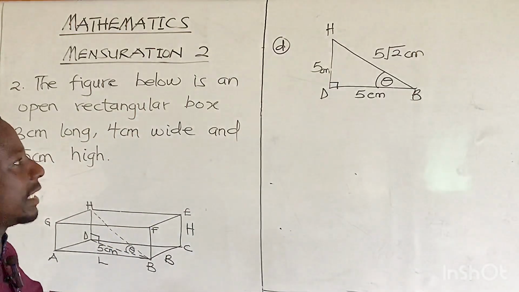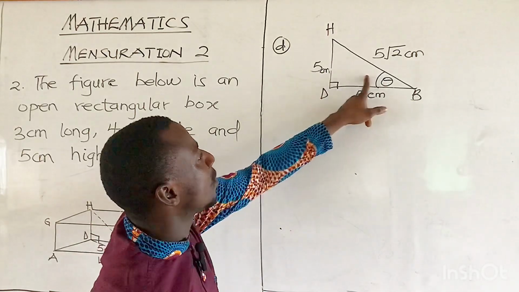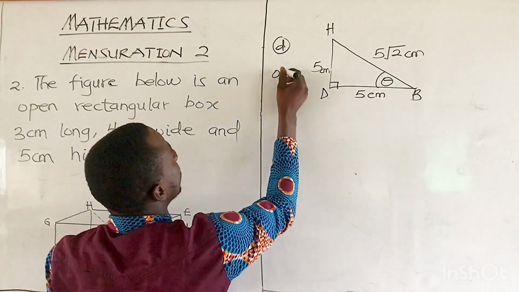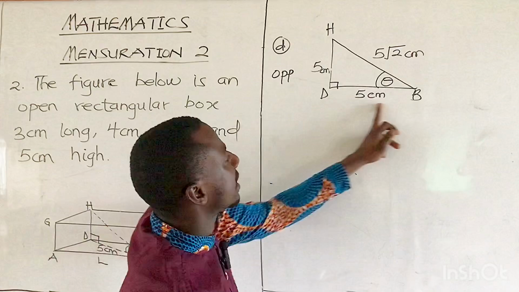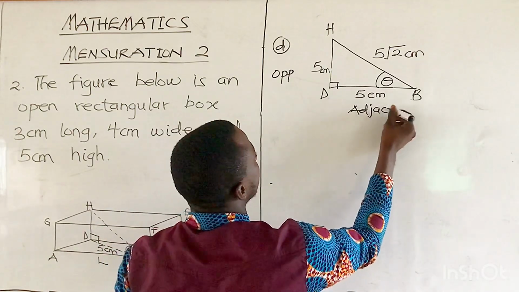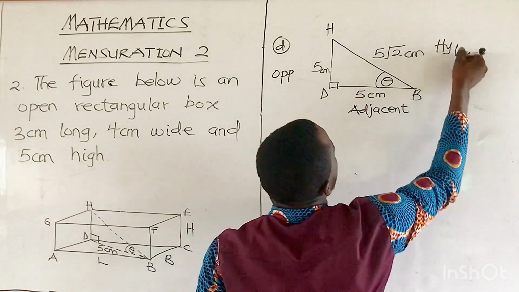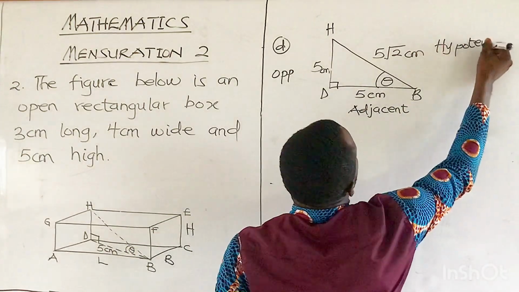Now in that case, we know that this side is opposite of the angle. So this is opposite. This side is the adjacent. Then this side, we know that is the hypotenuse.